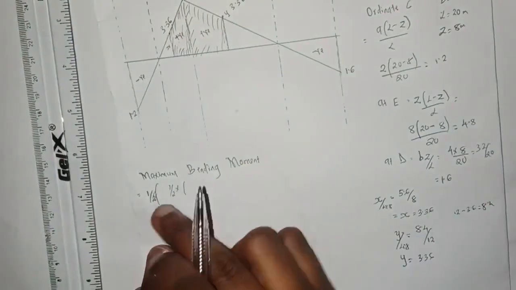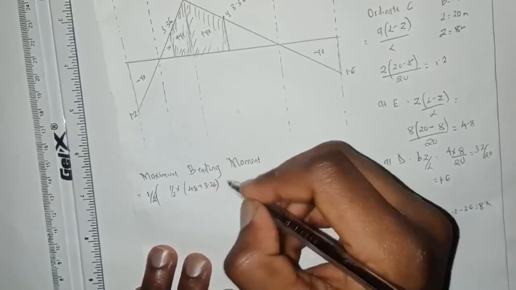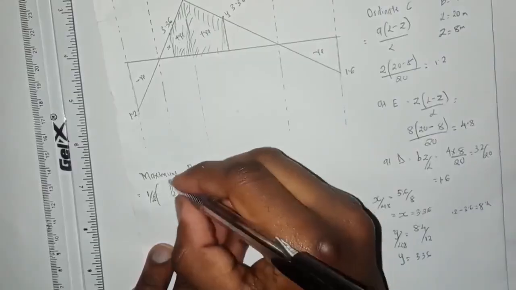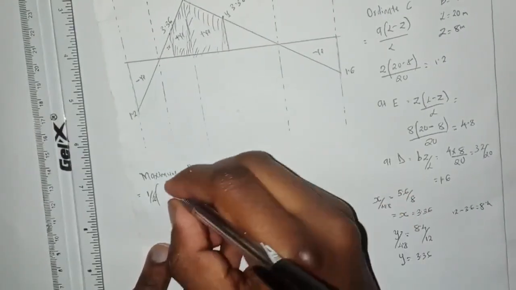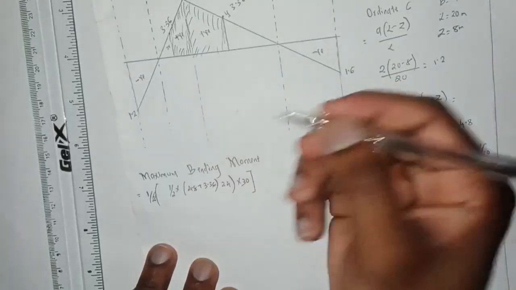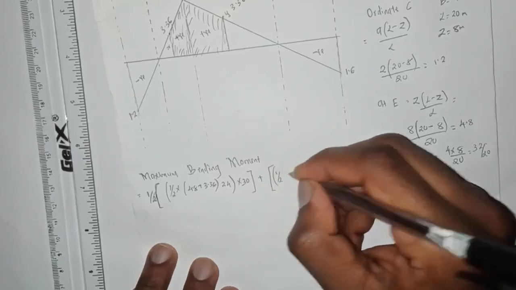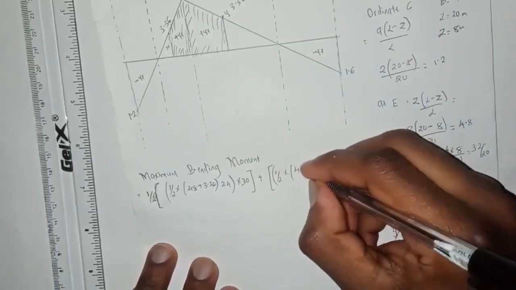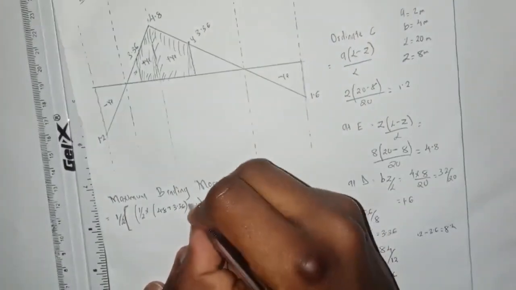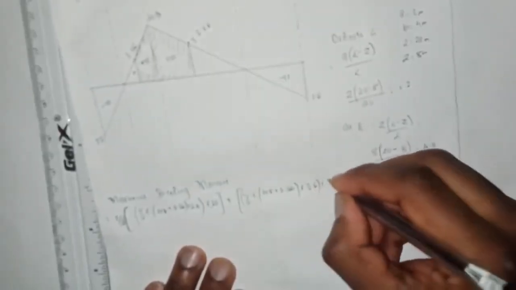So coming back to calculating our maximum bending moment, it is half multiplied by 4.8 plus 3.36 multiplied by the height, which from this point to this is 2.4, multiplied by 30, and you close in, plus a half multiplied by 4.8 plus 3.36 multiplied by the height, which is 3.6, multiplied by 30.